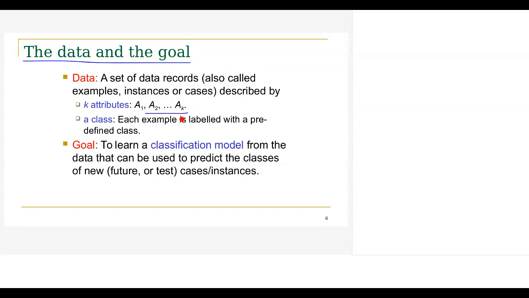Each example is labeled with a predefined class, like approved, not approved, healthy patient, non-healthy patient. The goal is to learn a classification model from the data that can be used to predict the classes of new cases or instances.